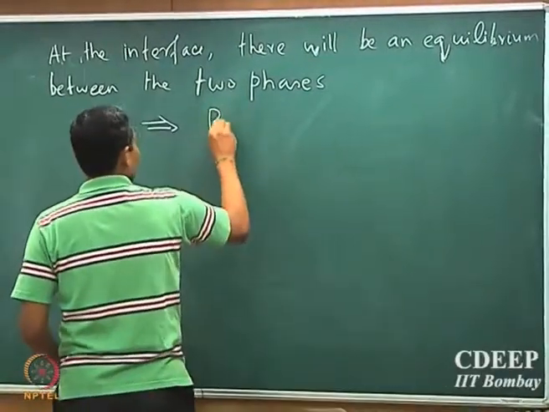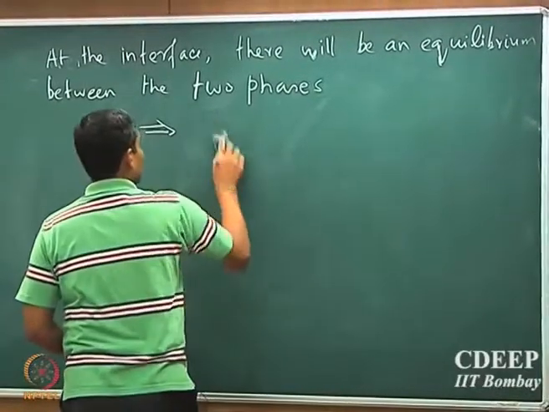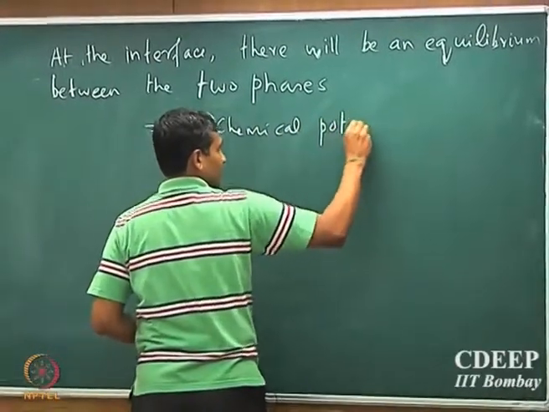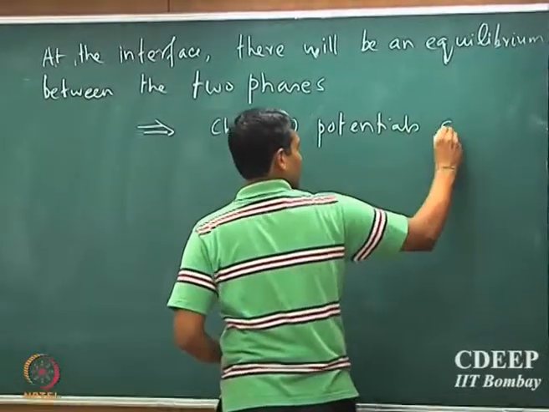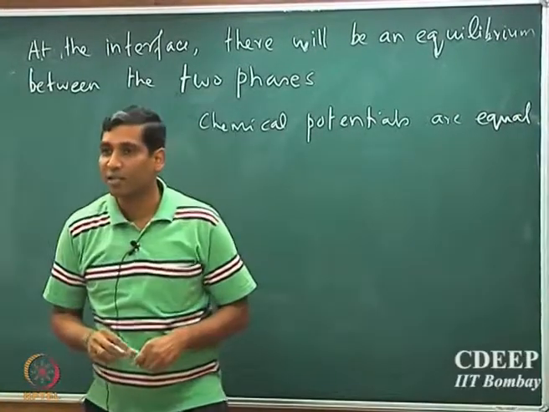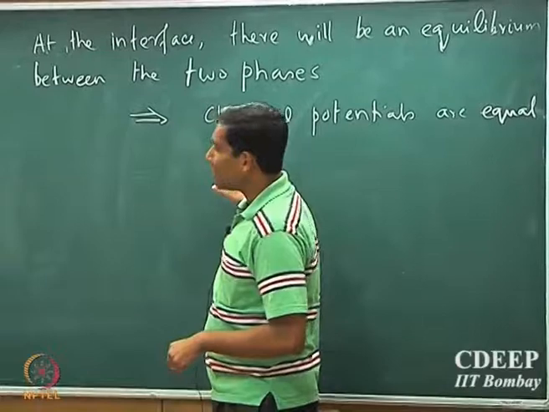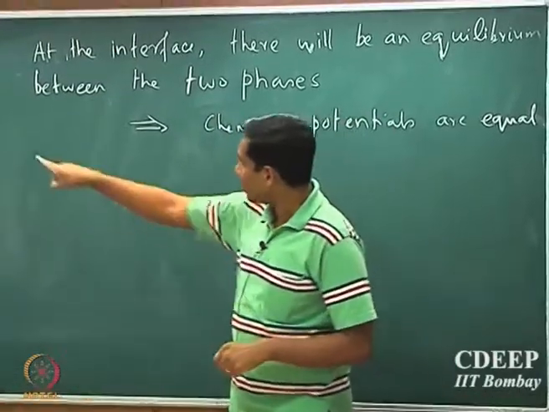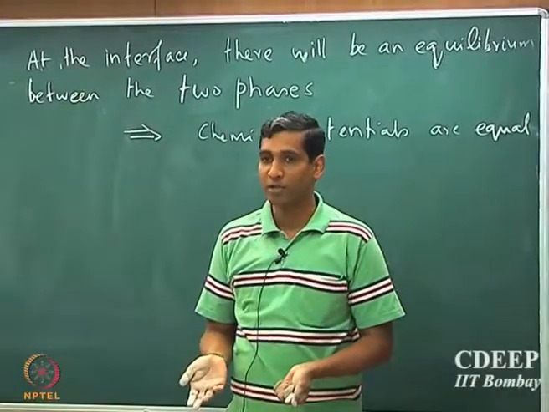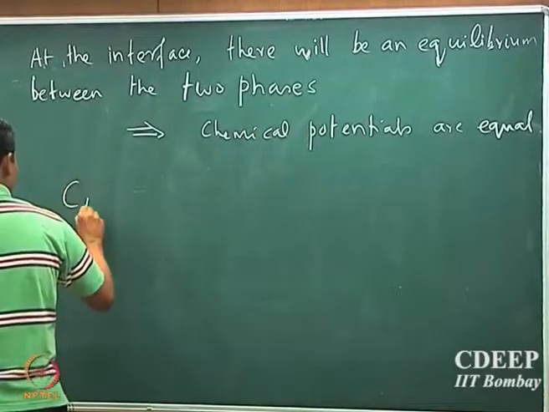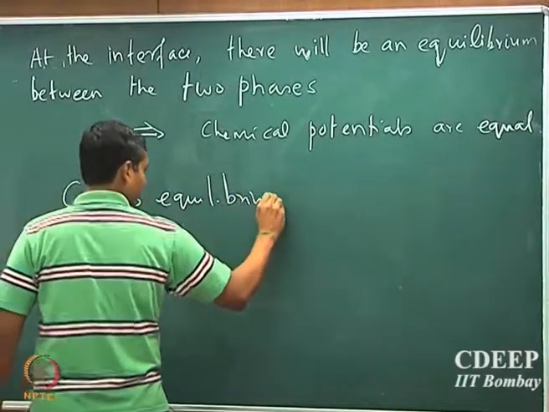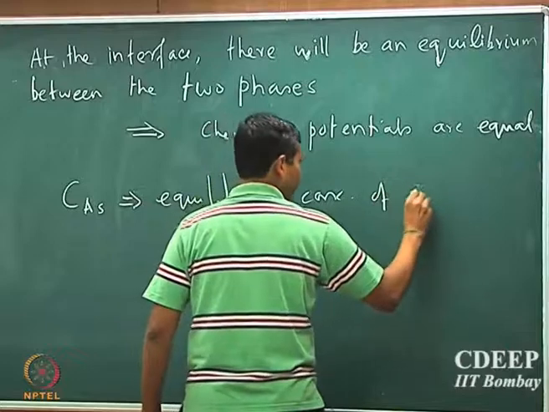So the chemical potentials are equal at the interface, and therefore, if you balance the chemical potential, you will find that CAS is actually not the bulk concentration, it's the equilibrium concentration of species A.